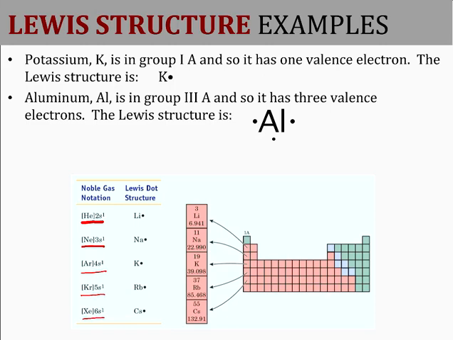So each of the elements in group 1 has just 1 dot next to its symbol. And these Lewis dot symbols or Lewis structures are really important because we can use them later on to try to figure out the structure of a molecule, or we can also use it to help us figure out how many electrons might be transferred to another atom or shared with another atom. So these will come in handy.